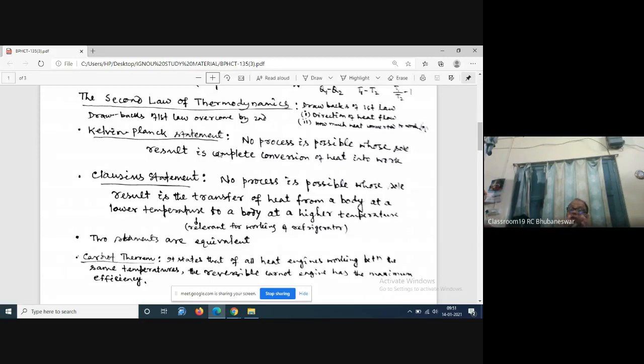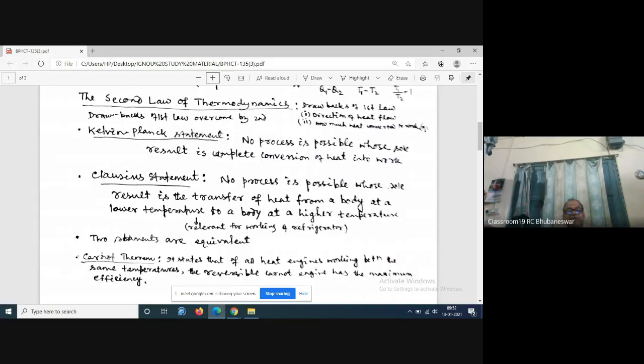But after some time, when the refrigerator operates, the temperature of the substance inside falls. That means heat is drawn from the body inside the refrigerator and rejected to the surrounding, and that is possible because of the electrical energy used. Without electrical energy, can you operate the refrigerator? No. So here the external agency is the electrical energy.